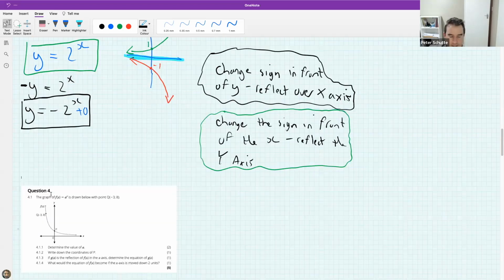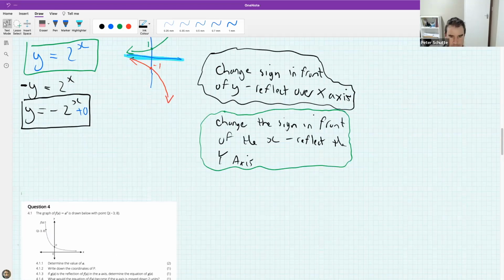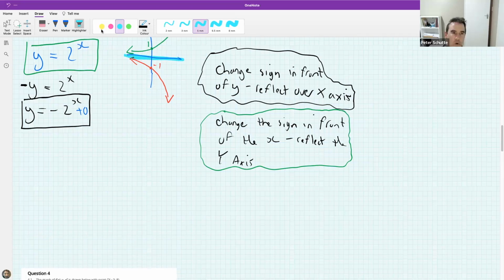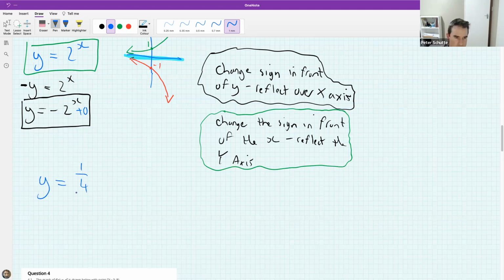Say I give you the equation y equals a quarter to the power of x.